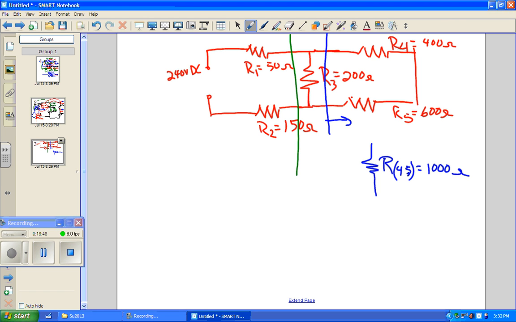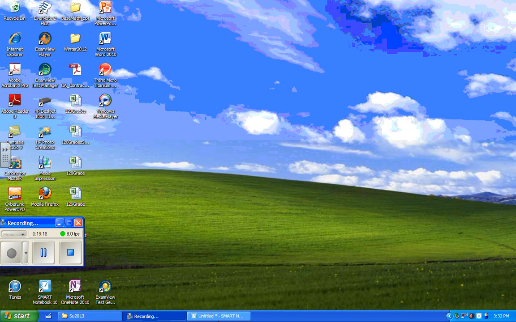Now let's look at how that relates to our next thing back. And we can see that this whole thing over here is in parallel with this resistor right here. Right? So now we have this thing, and we have decided that is 200 ohms. And from there, we're going to come down and make another simplification.